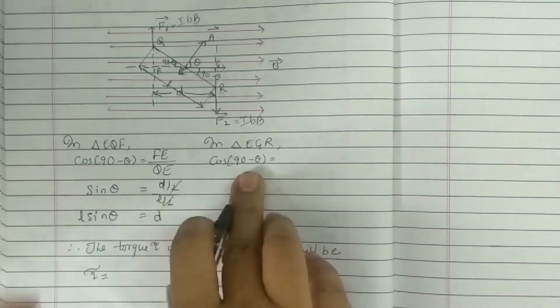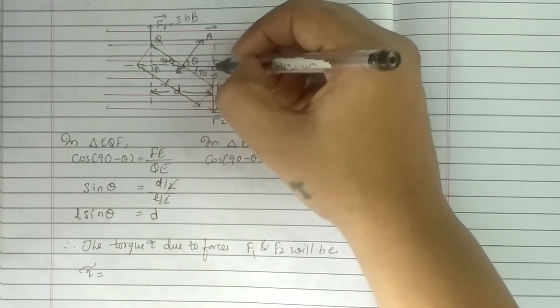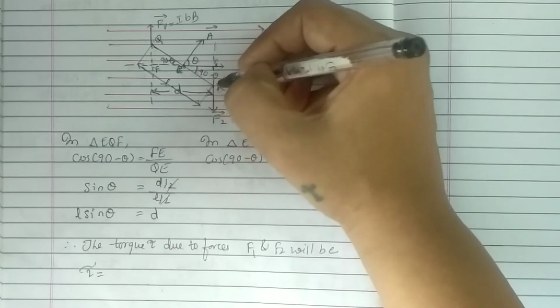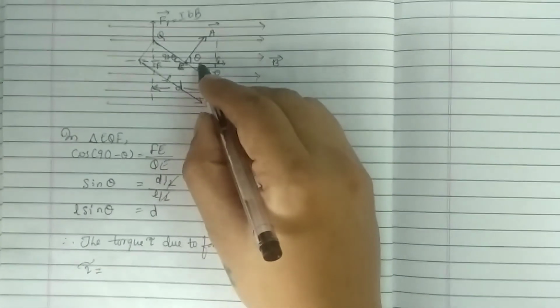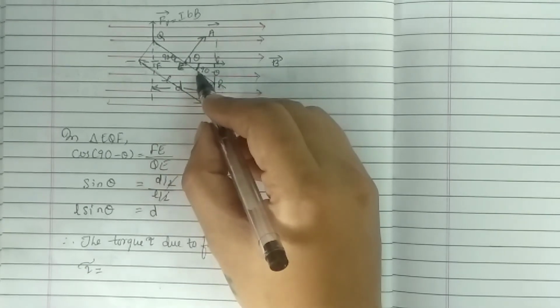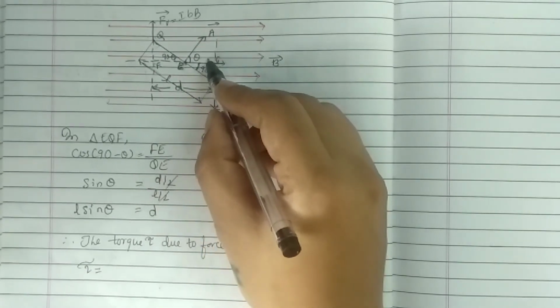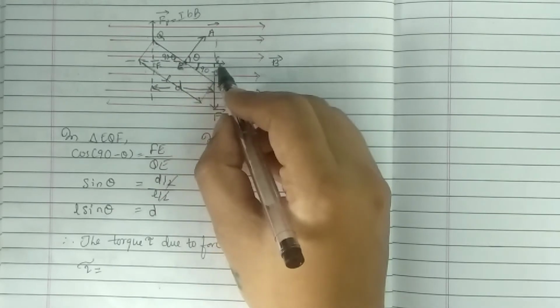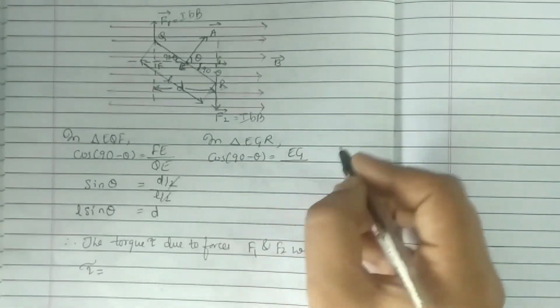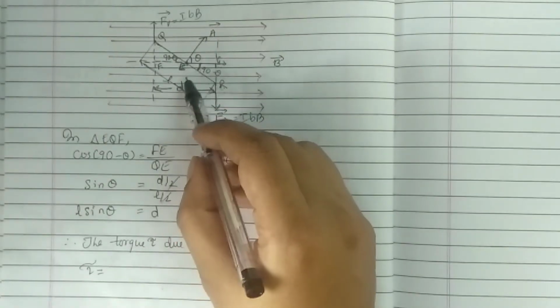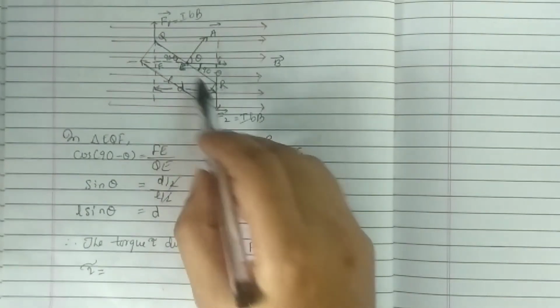If you solve triangle EGR also, what will it become? Once again, this angle is 90 minus theta. Cos of 90 minus theta is adjacent by hypotenuse. The adjacent is once again EG, and the hypotenuse is ER.